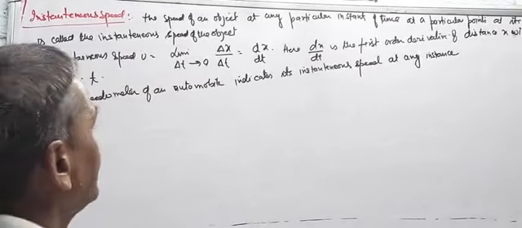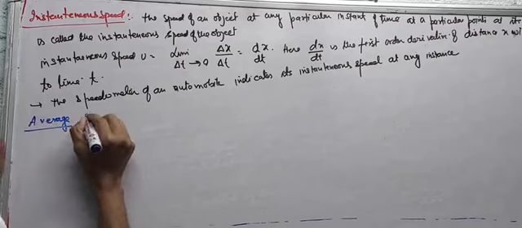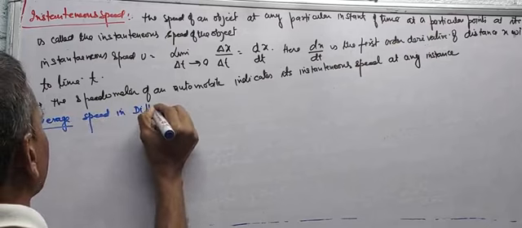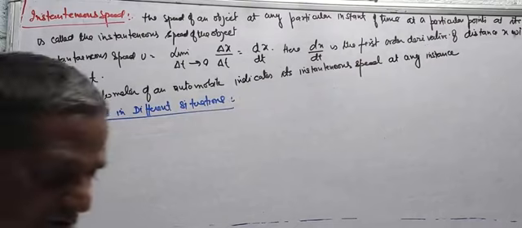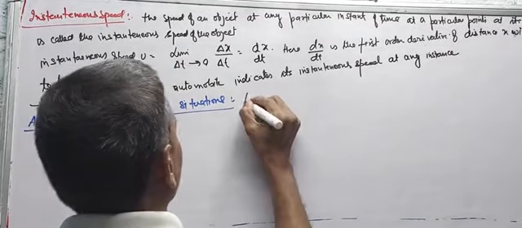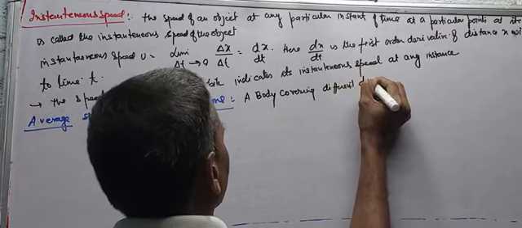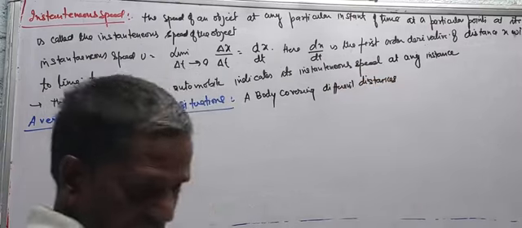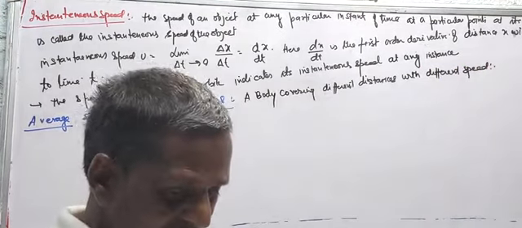Average speed in different situations. A body covering different distances with different speeds.